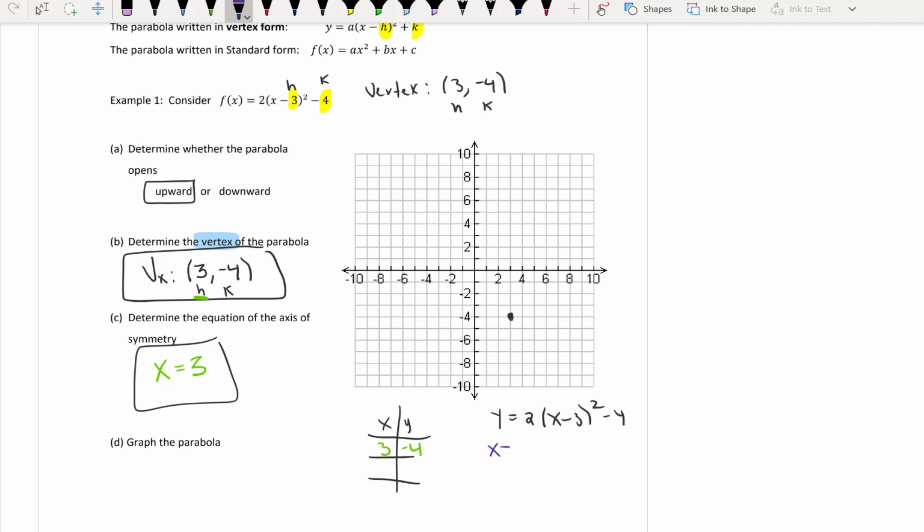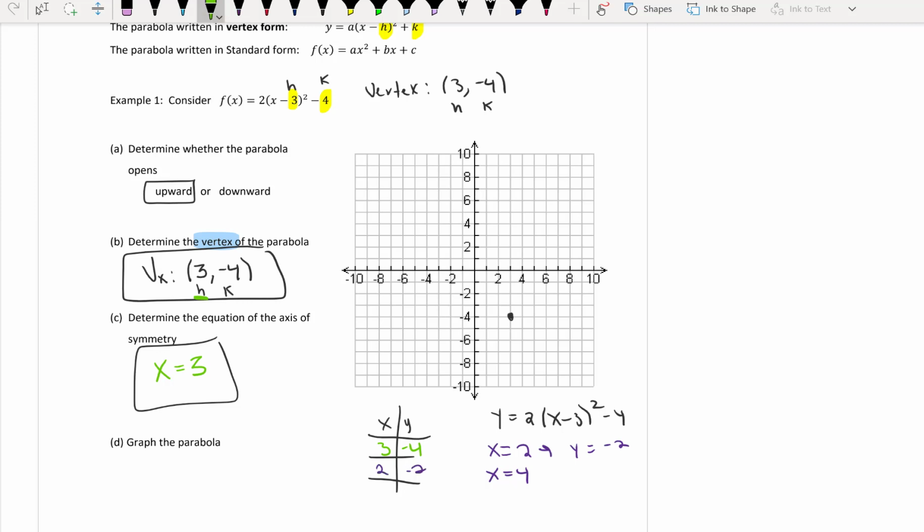Let's try x is equal to 2 and x is equal to 4. When you plug it into your calculator, you have 2 on the outside, and you're plugging in a 2 for x minus 3 inside parentheses squared minus 4. Well, that gives you that your y value is equal to negative 2.